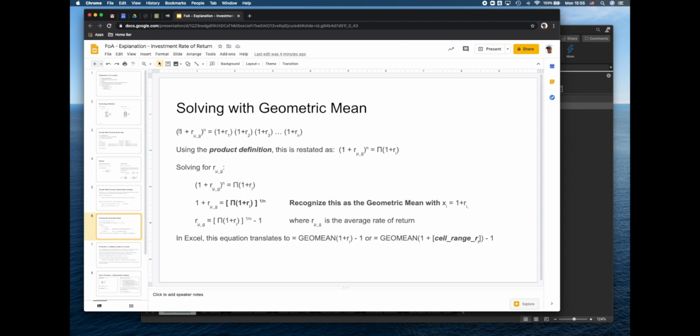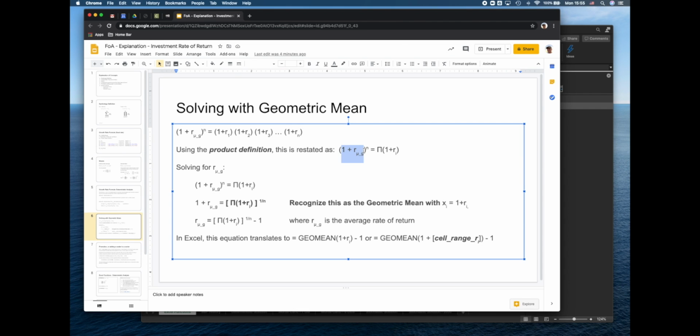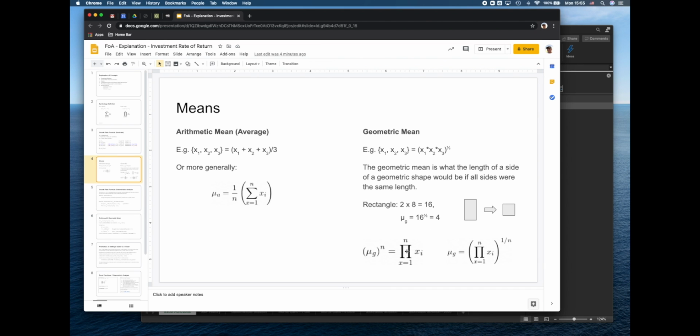So here, in this particular case, if you treat 1 plus r as that x, and all of these other numbers as the x's, you'll find that you can write this equation as 1 plus r to the nth power equals the product of all these numbers multiplied together, which is exactly our geometric mean, right? That's exactly this equation right here.